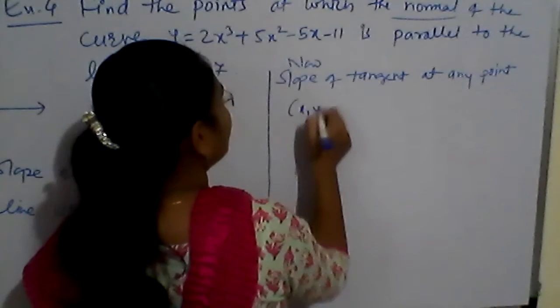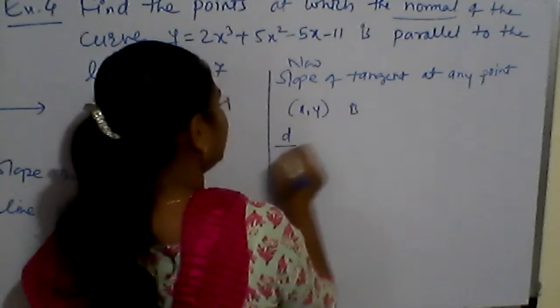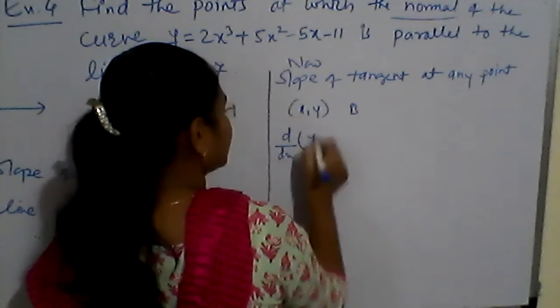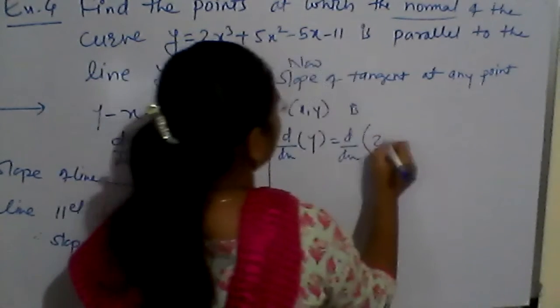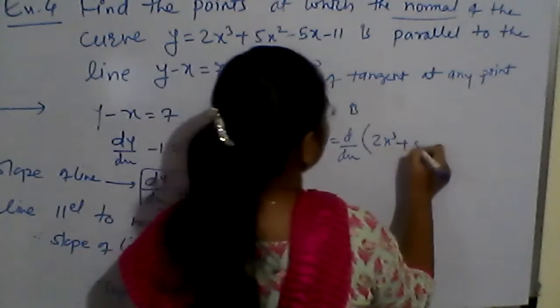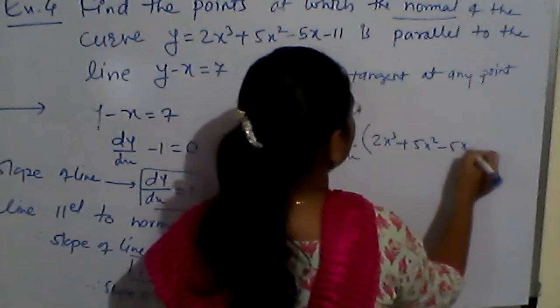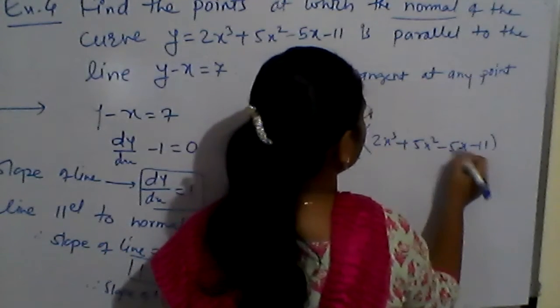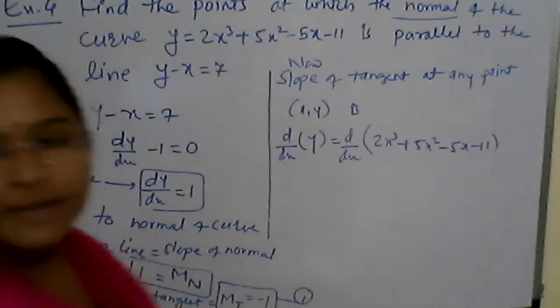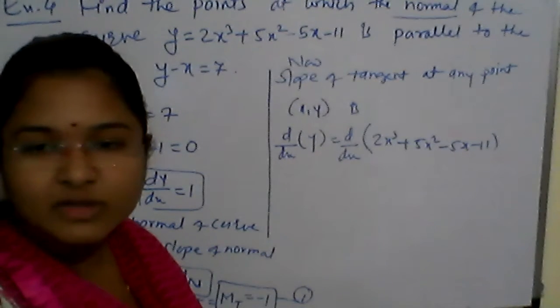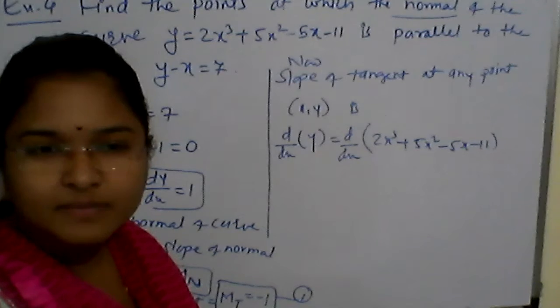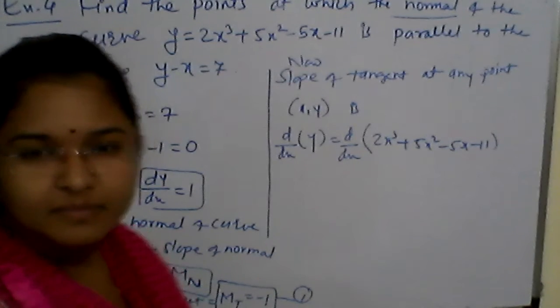x comma y is d by dx of y, that is d by dx of 2x cube plus 5x square minus 5x minus 11. Where is Utkarsh? Present, ma'am.